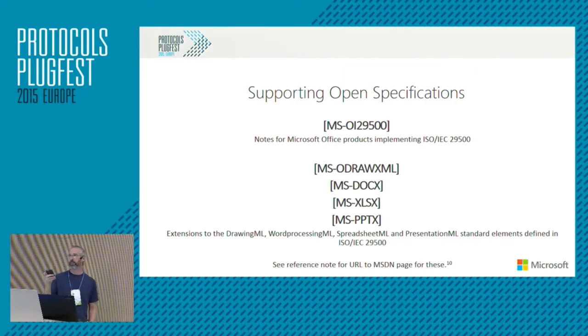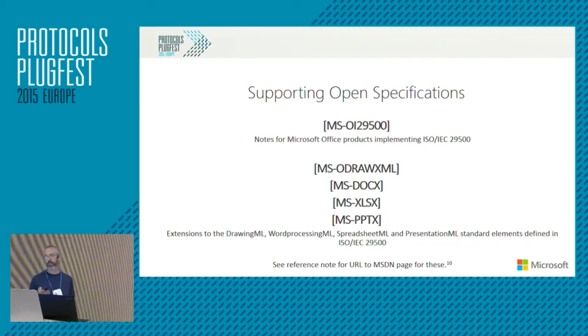So as I think Miklosha was saying, first approach is to use the standard, try to implement against it. If you have a question or a clarification, maybe Word isn't behaving the way it says in the standard, then go to this document here, MSOI 29500. That's your next line of attack. And if there are no notes in there that describe the behavior you're seeing, then you can do other research. You can call us or send an email to dochelp@microsoft.com. Okay?